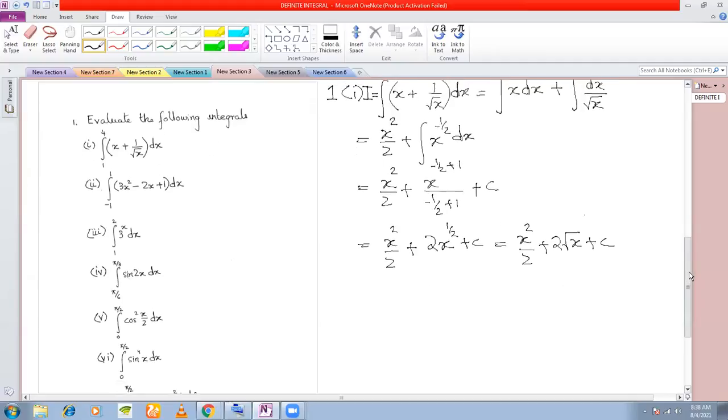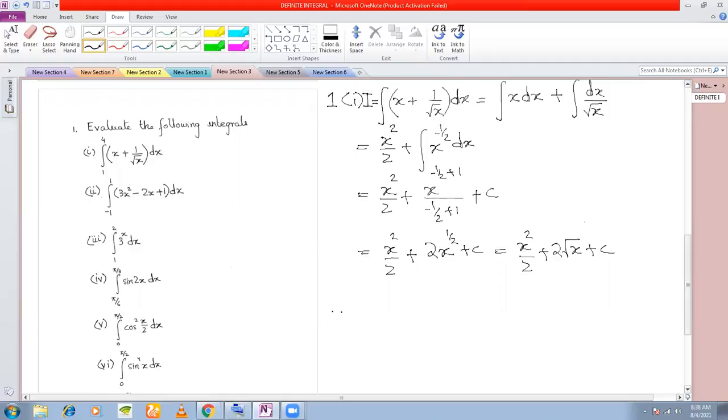Now, once you have evaluated this as an indefinite integral, we shall evaluate the definite integral. Integral 1 to 4 of x plus 1 by root x dx is equal to, writing it without the constant because in a definite integral we ignore the constant, x square by 2 plus 2 root x, evaluated between the limits 1 to 4.